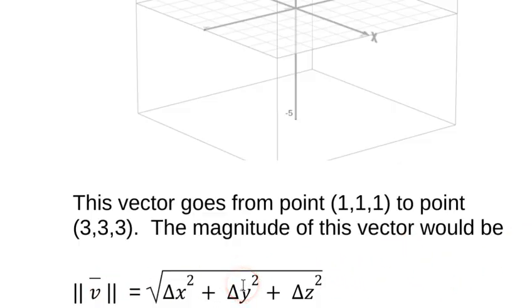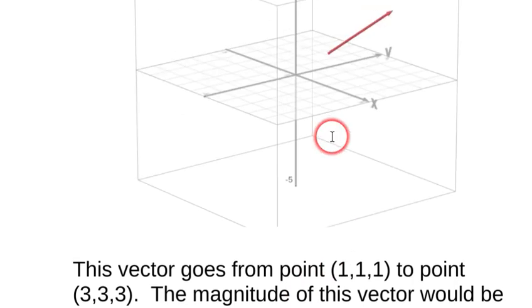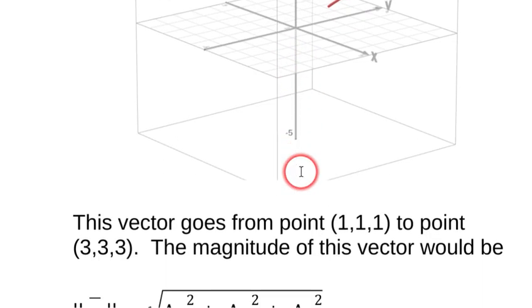So it's just a change in x, a change in y, a change in z. So that would be 3 minus 1 and 3 minus 1 and 3 minus 1. So there's 3 of those. So 3 minus 1 is 2, and 2 squared is 4, and 3 times 4 is 12. So the magnitude of this vector is the square root of 12, right?